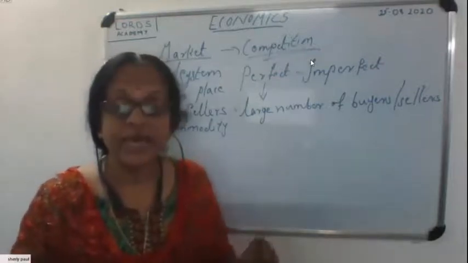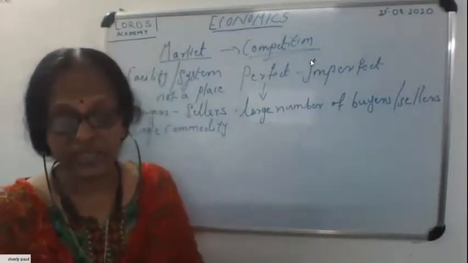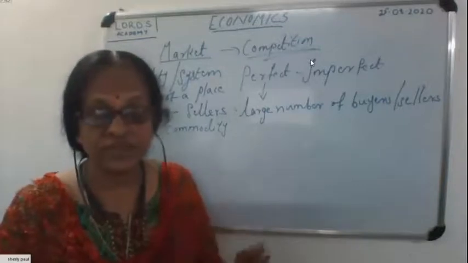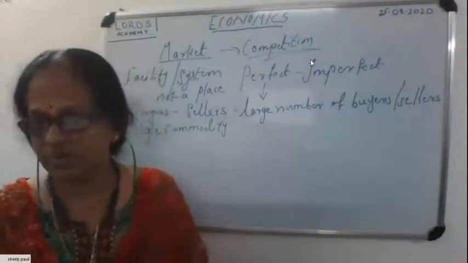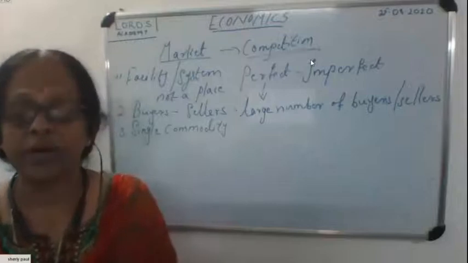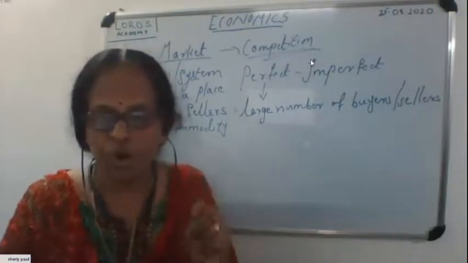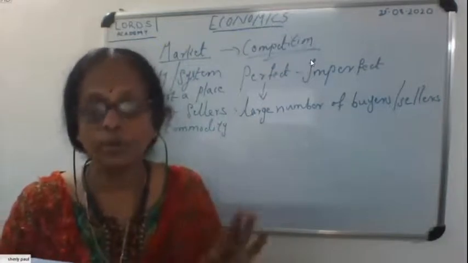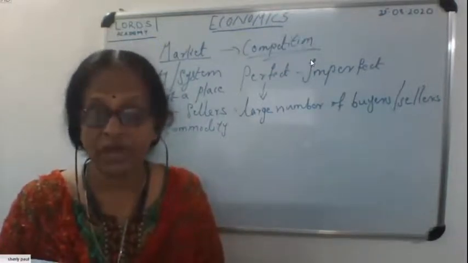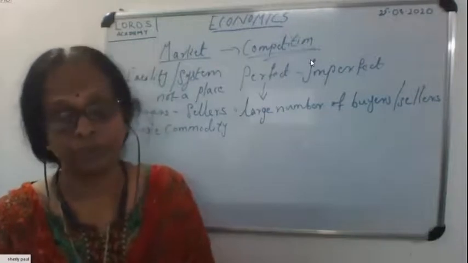Just to go through it, there are many buyers and sellers, each with an insignificant share of the market. This means that each firm is too small relative to the overall market to affect price by changing its own supply.